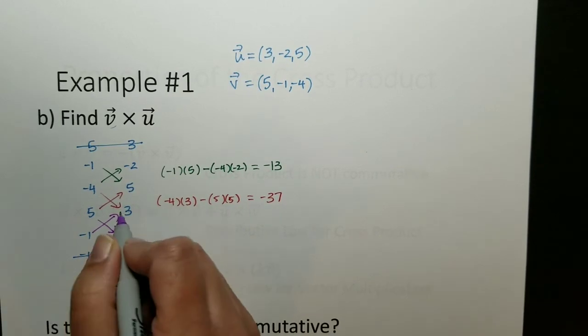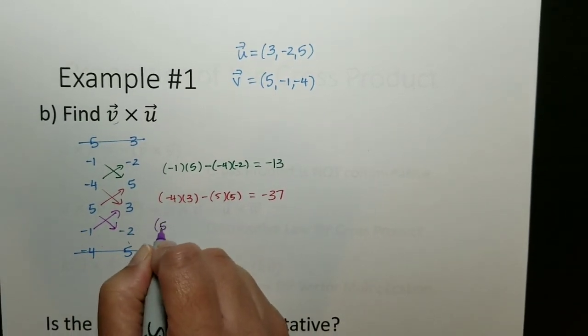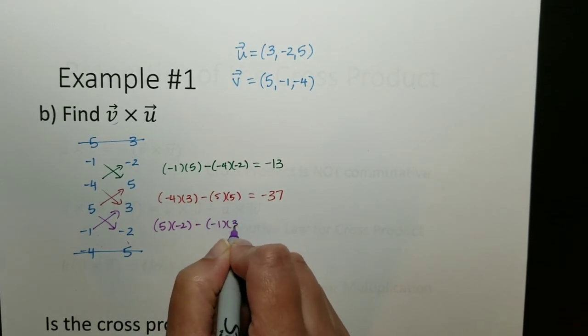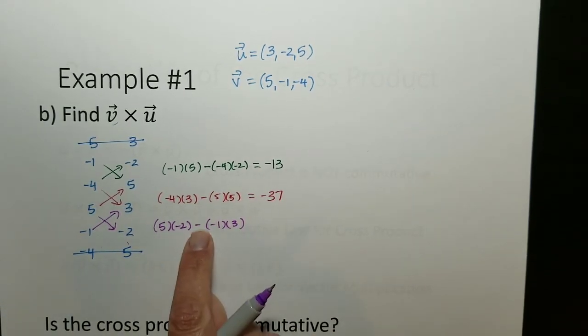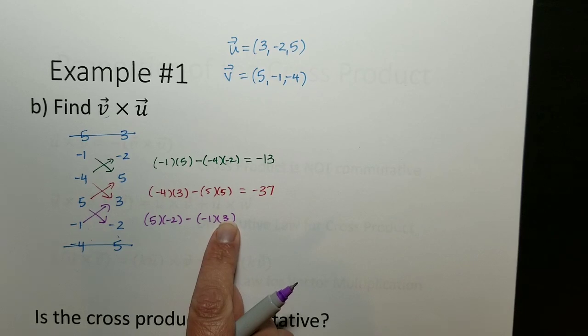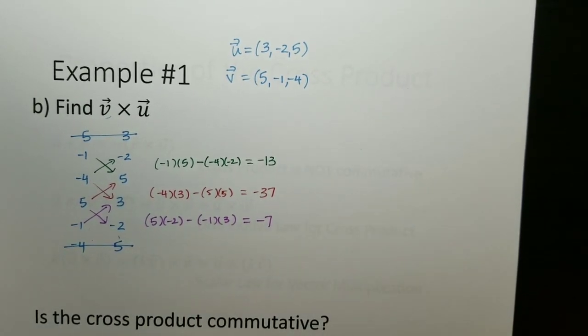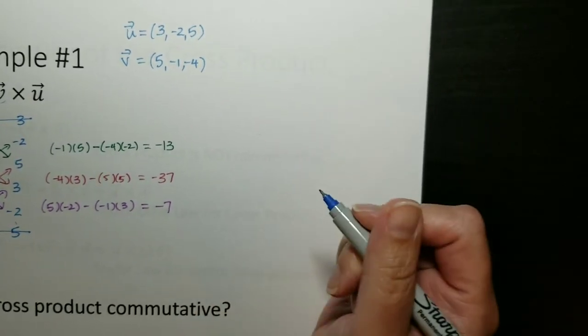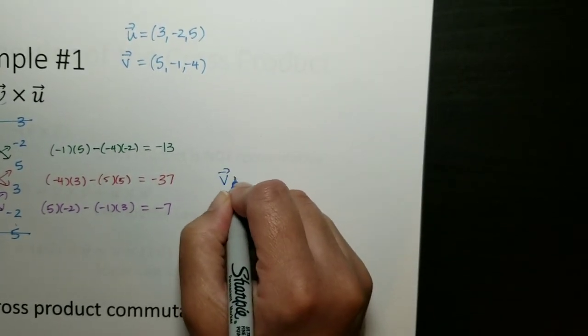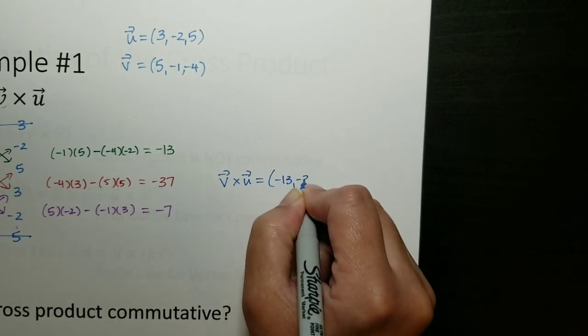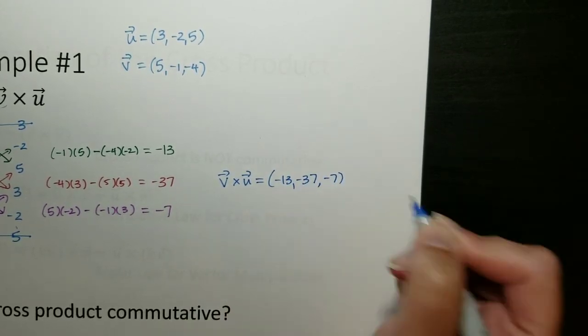Multiplying downs minus ups, we've got 5 times negative 2 minus negative 1 times 3. So that's negative 10 minus negative 3. So plus 3 is negative 7. So we see here that V cross U is negative 13, negative 37, negative 7.